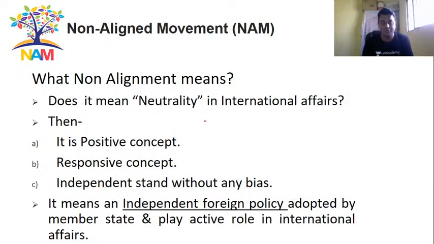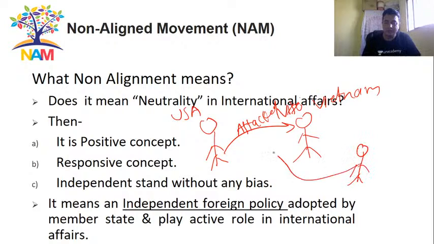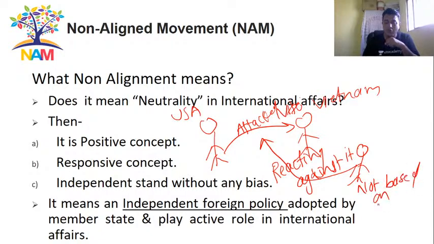What neutrality means, the same example I'm going to quote. This is the USA, this is Vietnam, US attacked Vietnam, and India as a third person is reacting against it, and that reaction is not based on any prejudice.